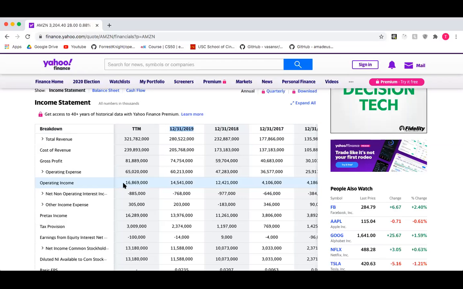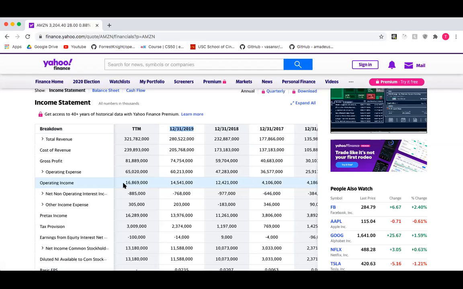So you want to make sure that operating income is positive in most cases. If operating income is positive, then net income will be positive. And if operating income is negative, net income will probably be negative as well. But just something to note there.